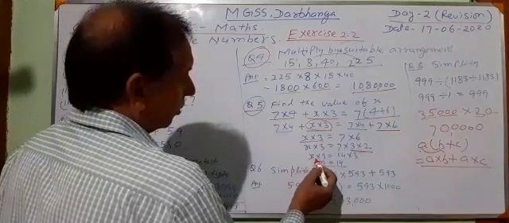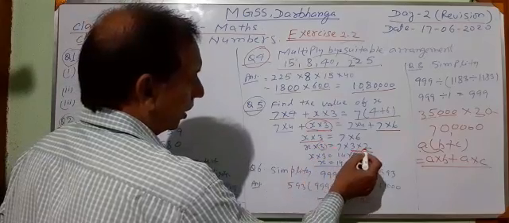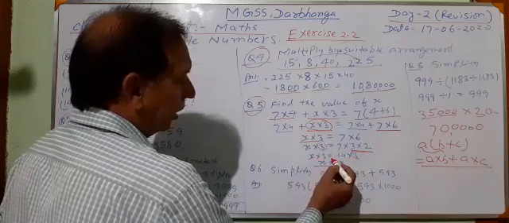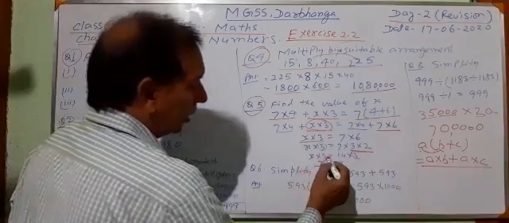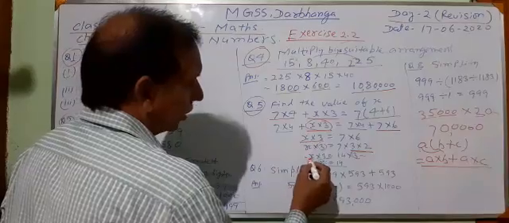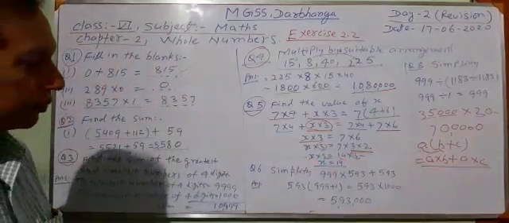Now x multiplied by 3 is equal to, 3 is here, so put 3 here, and 7 will be multiplied by 2, 14. X multiplied by 3 is equal to 14 multiplied by 3. Now 3 is here also and 3 is here also. Now what will remain? X is equal to 14. The value of x is 14.